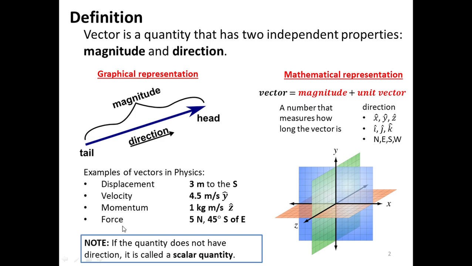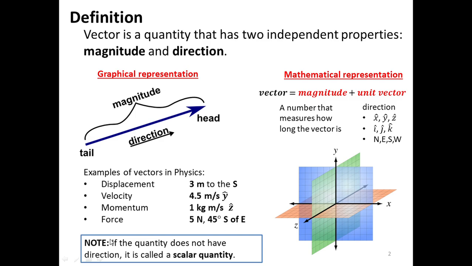And another example, of course, is the force. We have here an example of force, 5 newtons, 45 degrees south of east. So 5 newtons is the magnitude of this vector, and 45 degrees south of east is the direction of this vector.